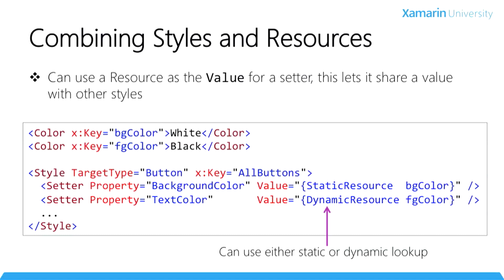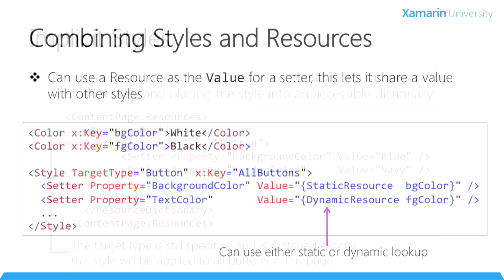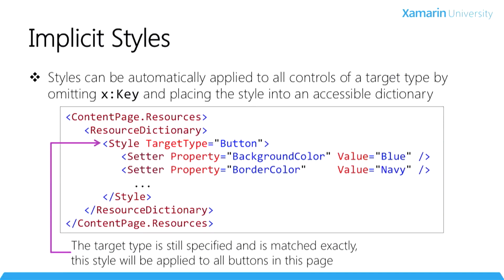So that lets the styles share a value, which reduces repeated hard-coded values. So in the code on this slide, we have a couple of colors defined and then we use them as values in our style. You can either use StaticResource or DynamicResource for the value of a setter. The two options behave as usual for them, so a static will not update if the underlying resource changes, while a dynamic resource will.